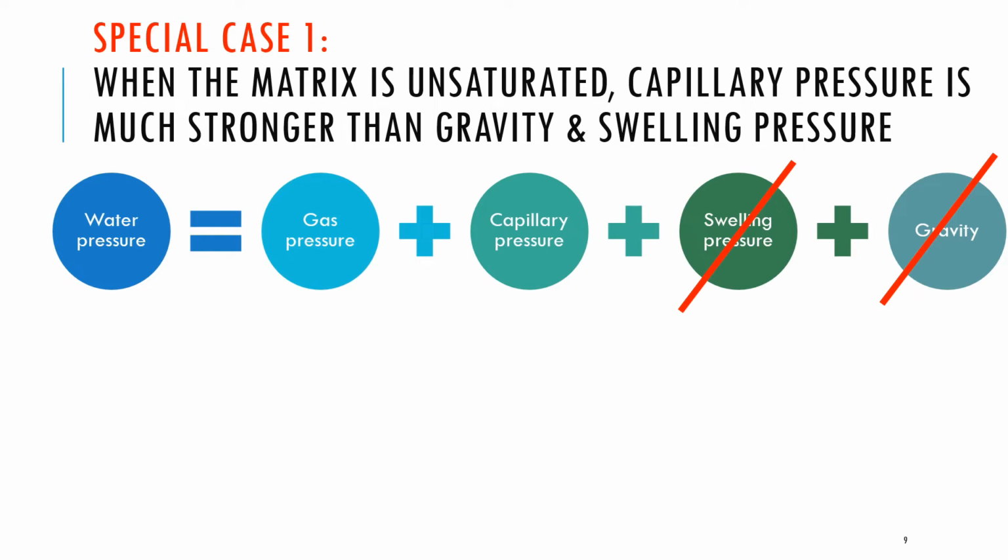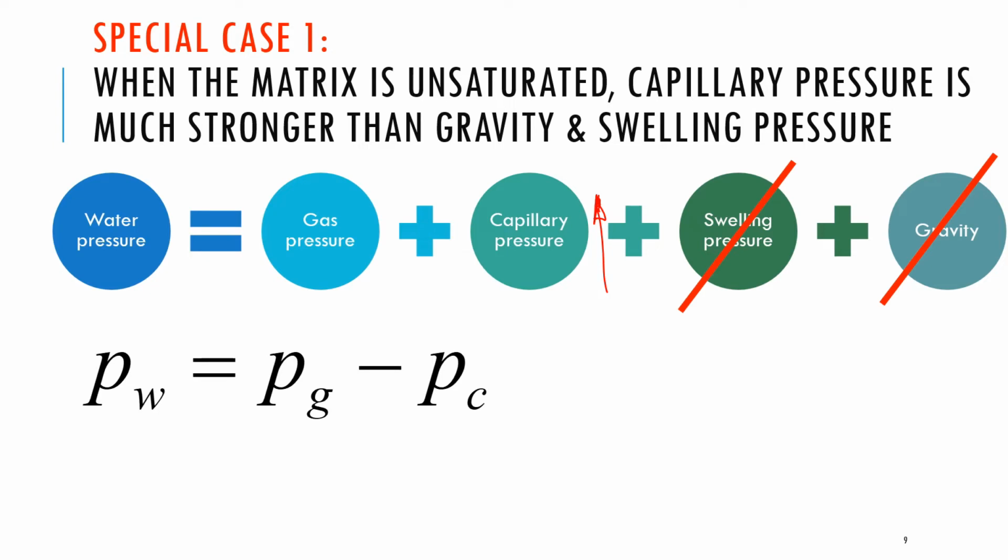This is not a very hypothetical situation. Most of the drying processes, for example, we dry to very low moisture content, and under those conditions the capillary pressure is really high, and compared to that most other pressures can be ignored.